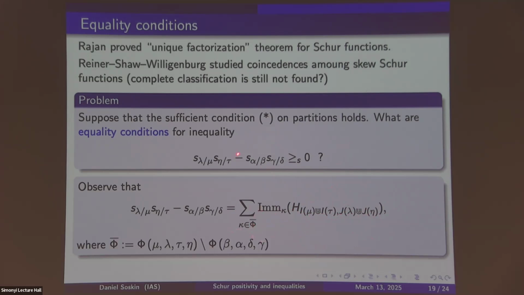If you want equality here, we need each immanant in this summation to equal 0. So those indices, those diagrams kappa in that summation, should be from the first covering coming from the first product, but they should not be in the second covering coming from the second product.